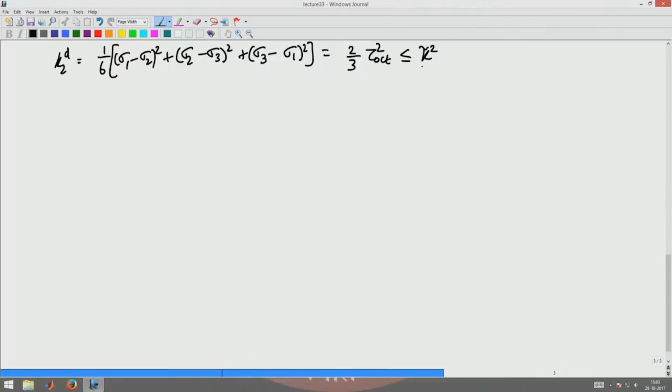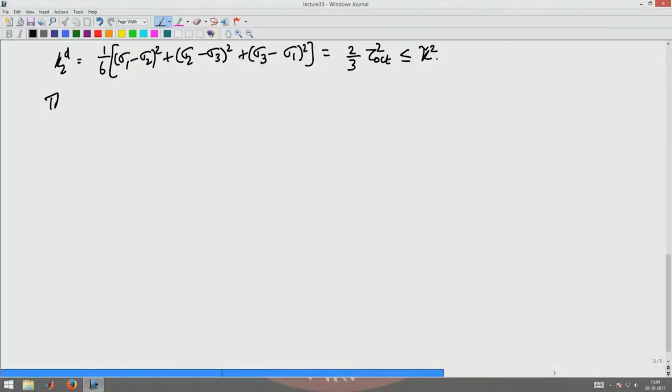This defines the plane in which the body will fail. The body, when it obeys vonMises criteria, will fail in a plane which makes equal angles with the principal directions, whereas in Tresca criteria it will fail in a plane where the maximum shear stress occurs. Okay. So, there is a difference. The plane of failure in vonMises and the plane of failure in Tresca would be different. Okay.